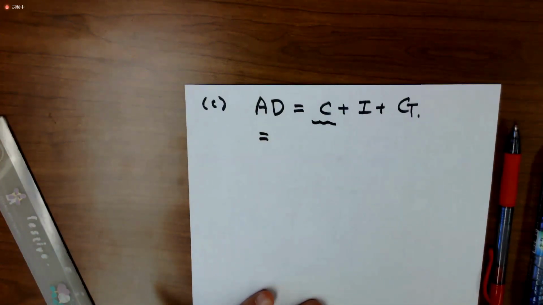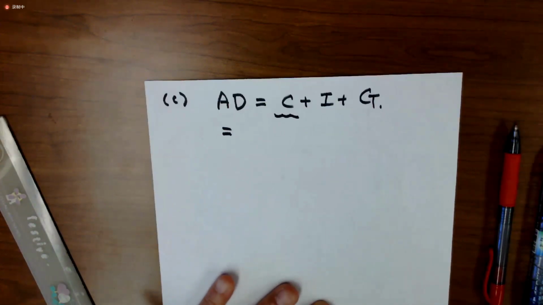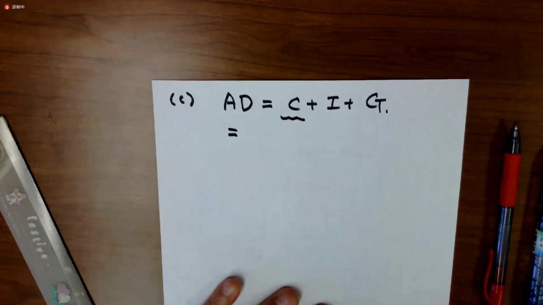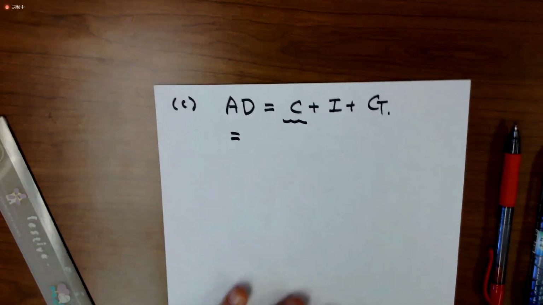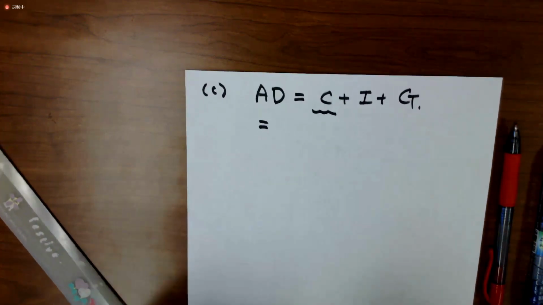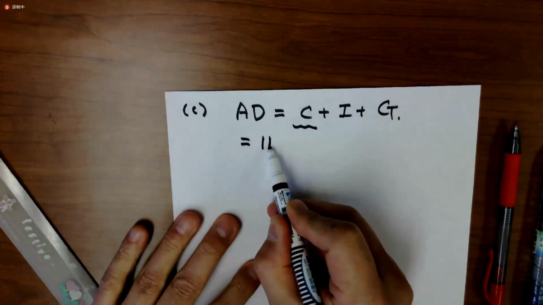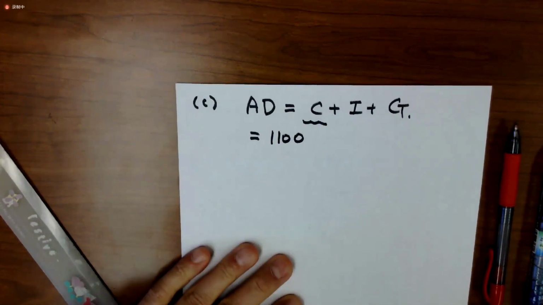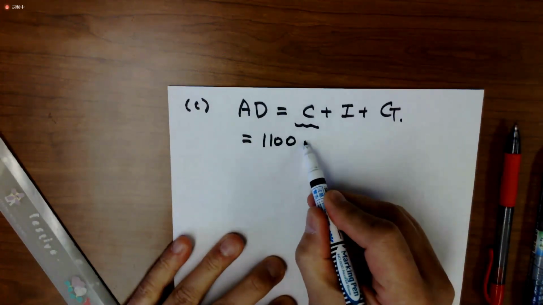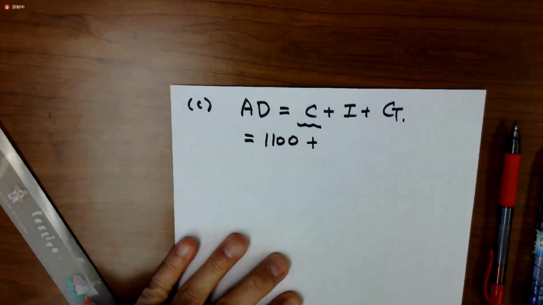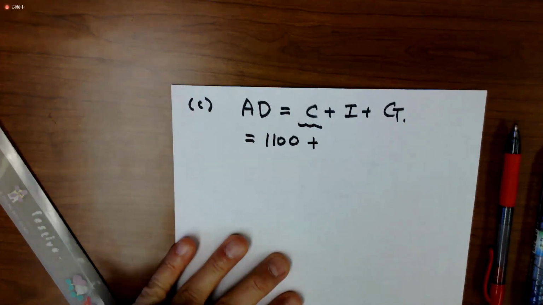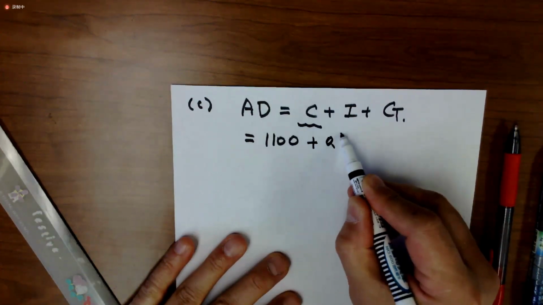Yes. So what is C equal to? C bar plus little c times YD, then what's the C bar equal to here? 1100. And then what's the marginal propensity to consume out of total income? 0.6.